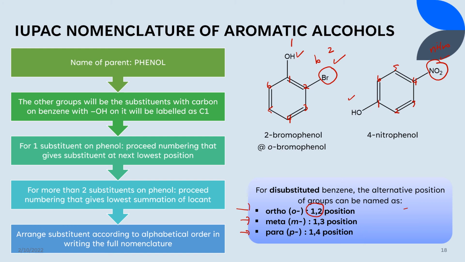So the name will be 4-nitrophenol. And since OH dan nitro berada pada kedudukan 1 dan 4, so the alternative name will be P-nitrophenol ataupun para-nitrophenol. So untuk di-substituted benzene sahaja yang kita boleh gunakan this alternative name.